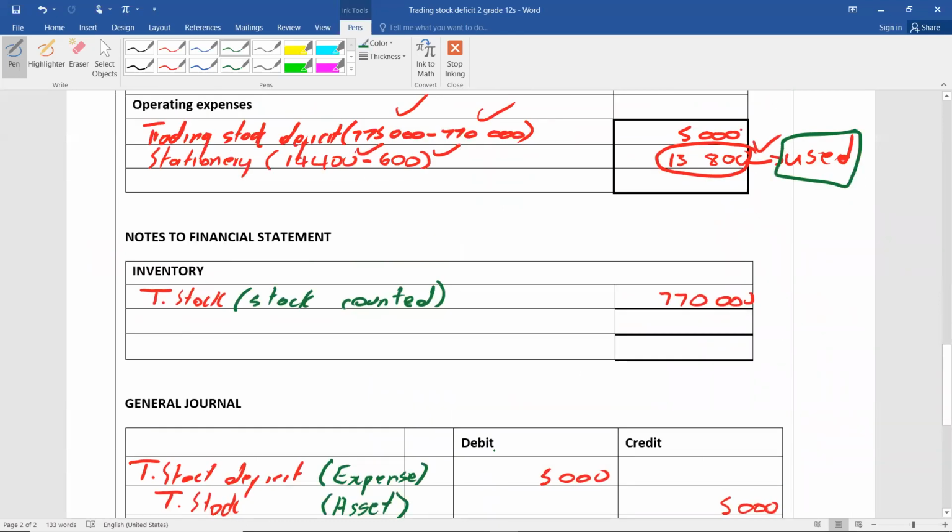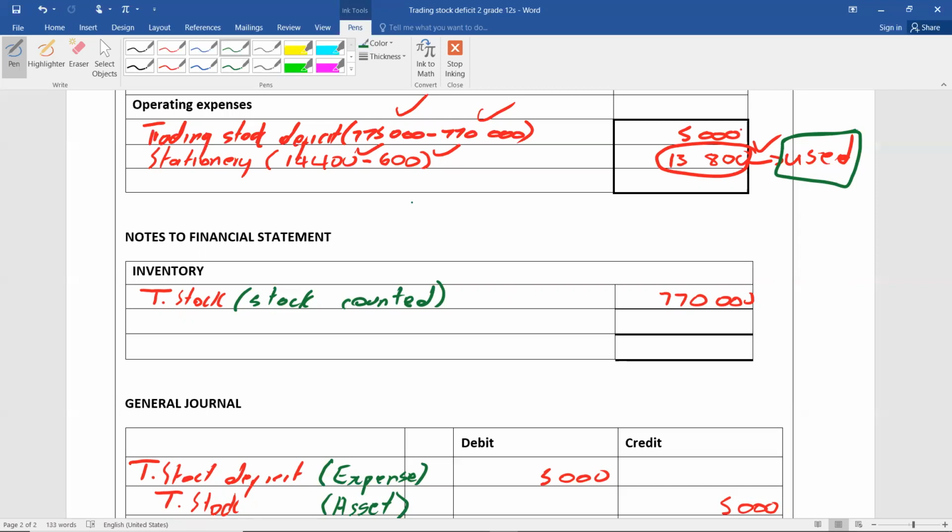I gave you guys in one of the exams last year, under adjustment, stationery used was 80% of whatever we had in the trial balance. We only used 80% of stationery. That was one of the questions, and I do still remember it.